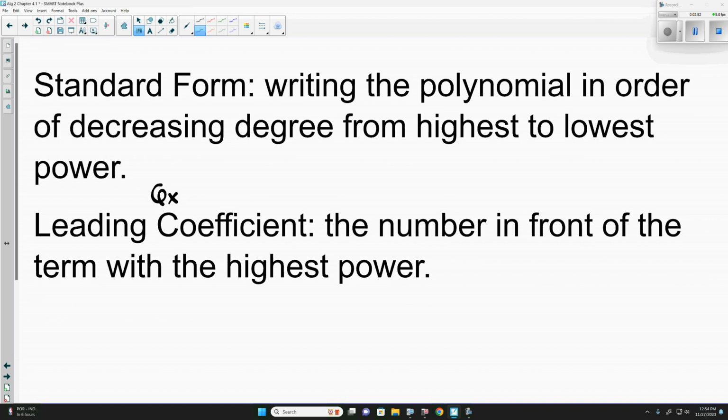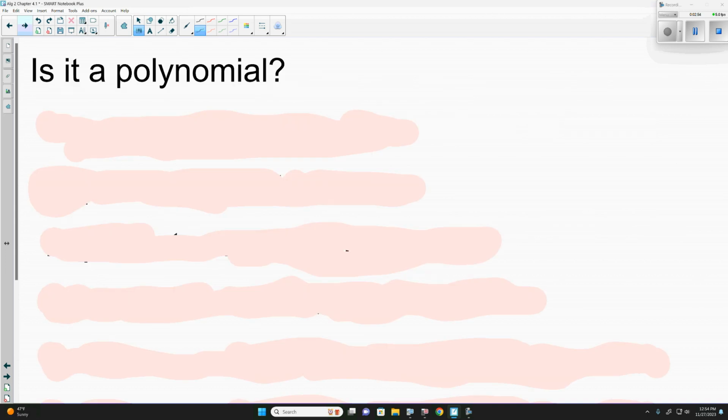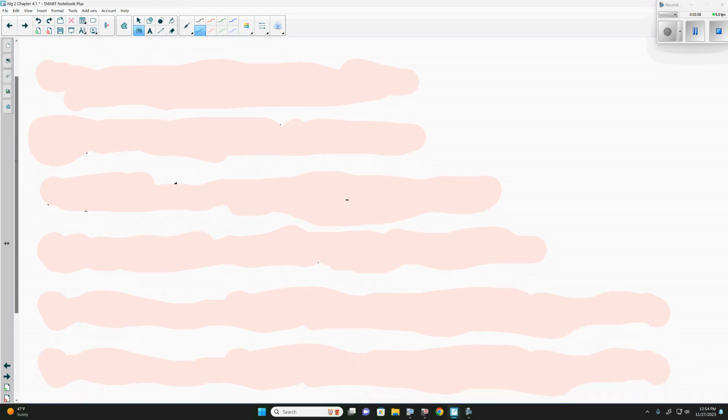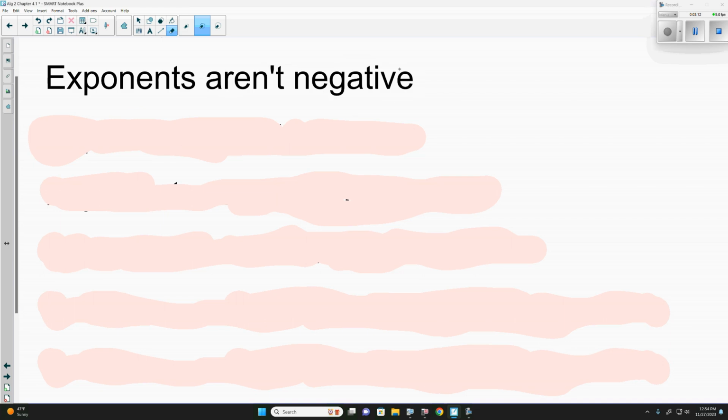Now, to determine if something is a polynomial function, we could go through and try to list out all the key characteristics that make it a polynomial function. But I think it's sometimes easier just to list some of the features that it is not. So, first thing, exponents aren't negative.